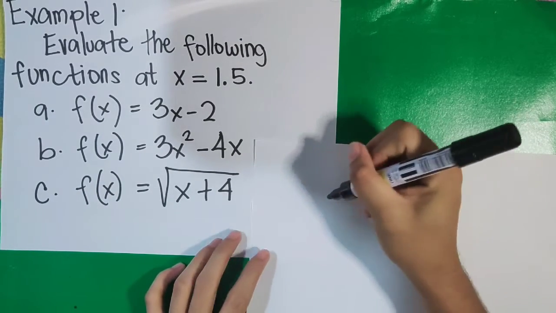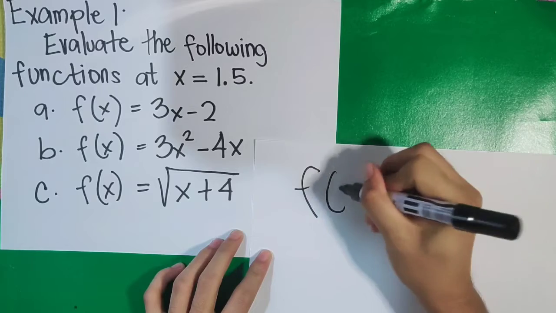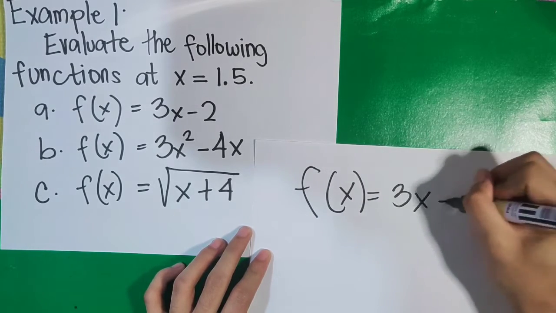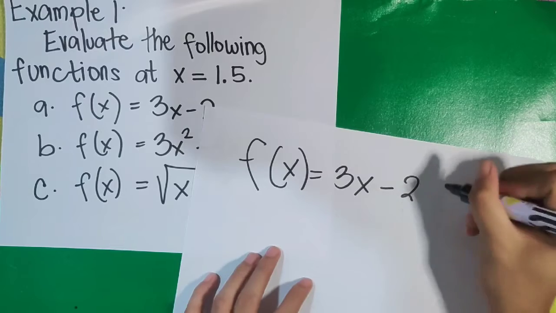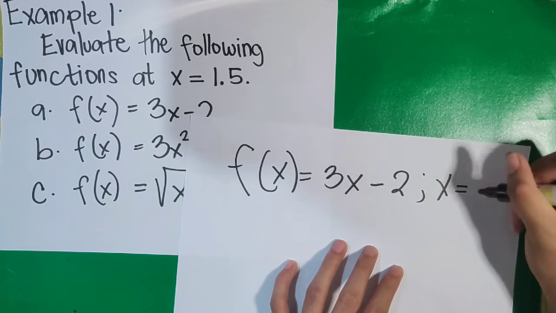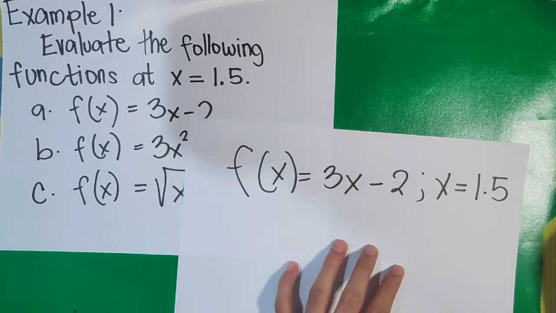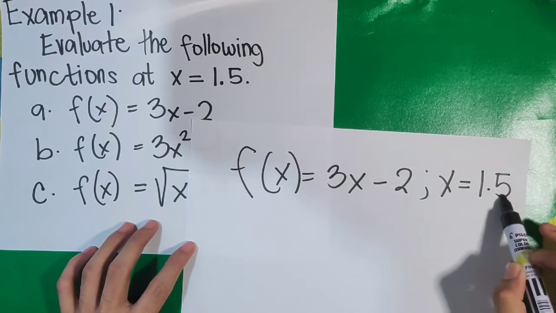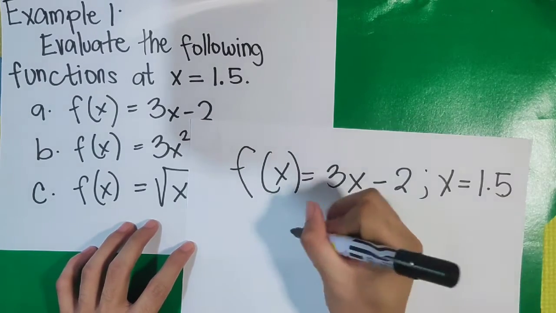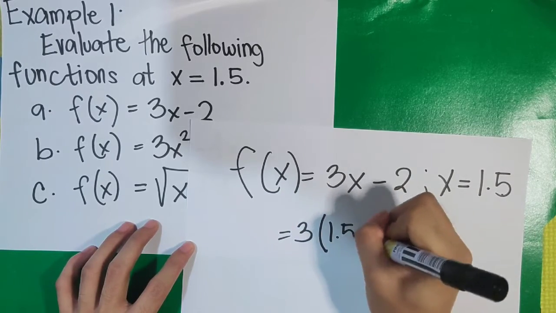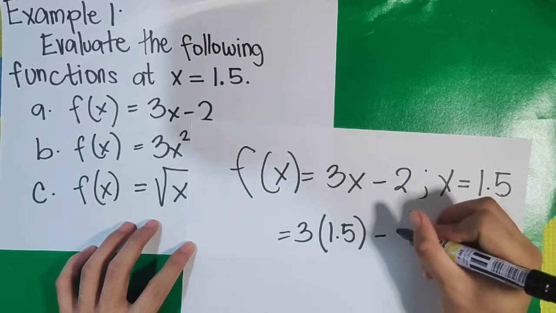So f of x equals 3x minus 2 at the value of x equals 1.5. We need to substitute this 1.5 into the given x. So 3 times 1.5 minus 2.